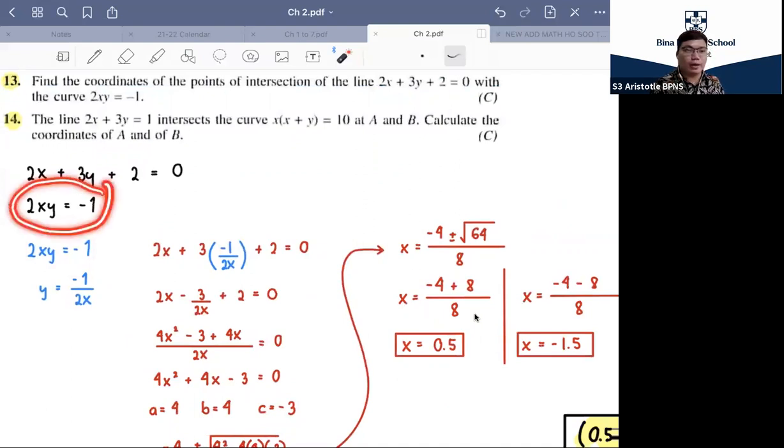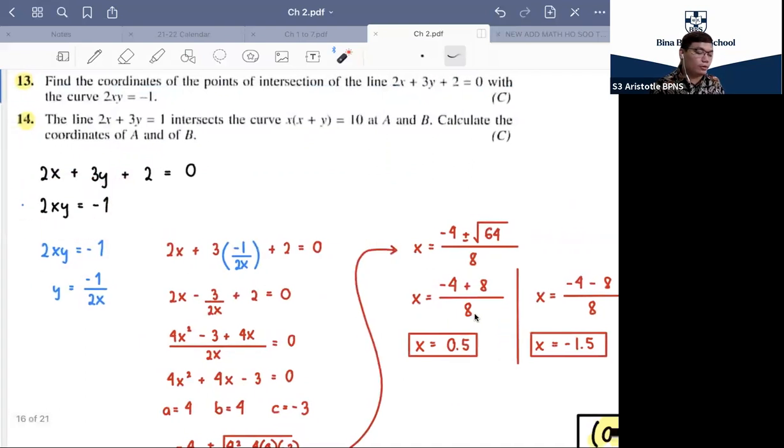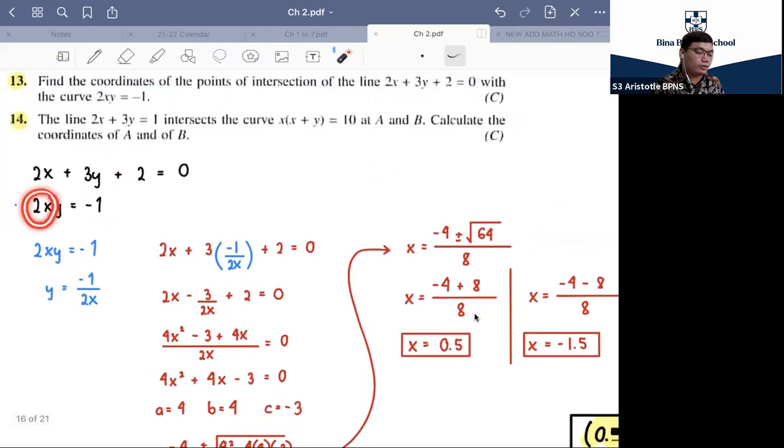Basically, I need to remove 2x and put it on the other side, but you cannot transpose this. It's not like plus 2x, because this is multiplied. So the only way that you can remove this is by dividing both sides by 2x.